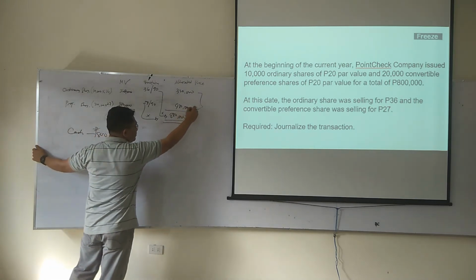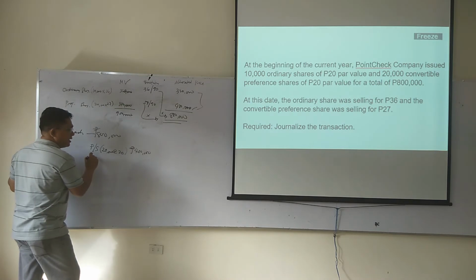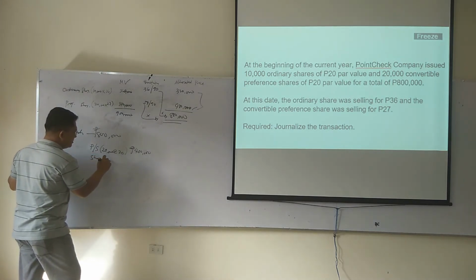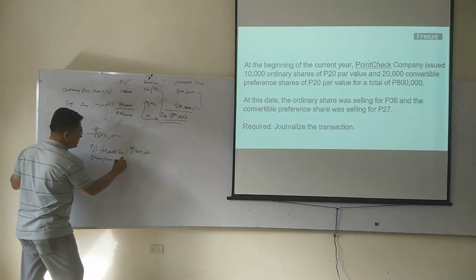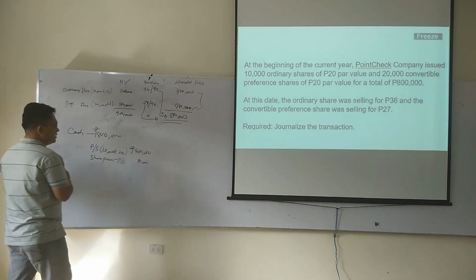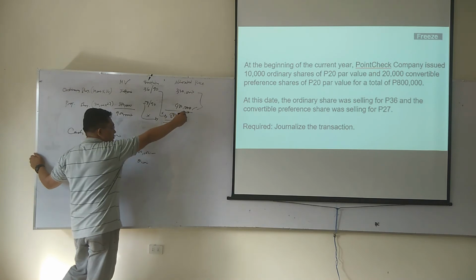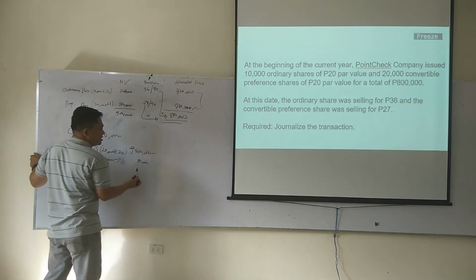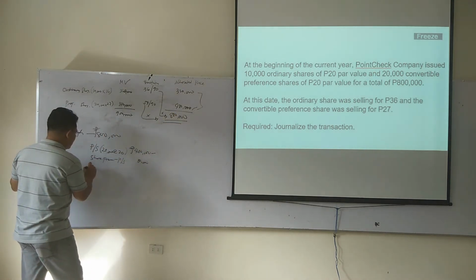It was issued at 480. So therefore it's share premium, preference shares, 80,000. 400 par, issued at 480. APIC or share premium, 80,000.